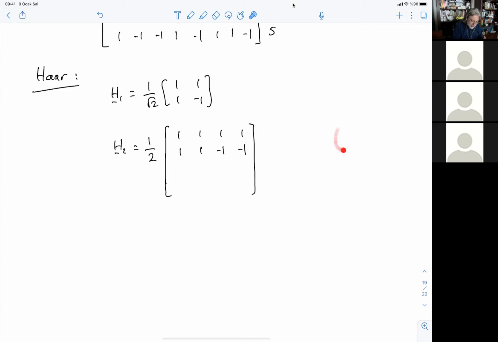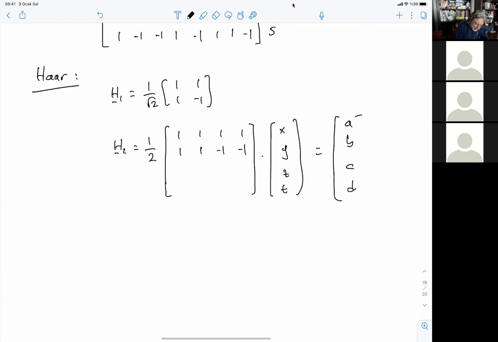The two numbers that I obtain will not be sufficient for me to resolve what individual values I have. For example, for x, y, z, t, it will give me A, B, C, D, right?